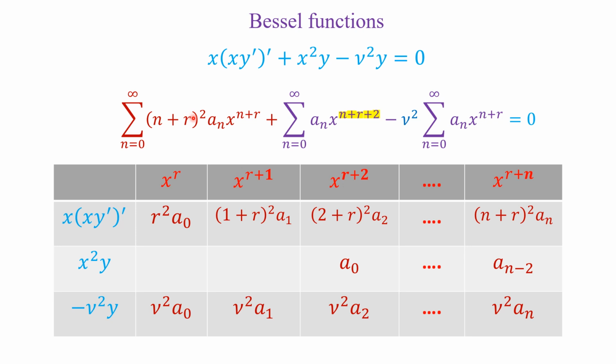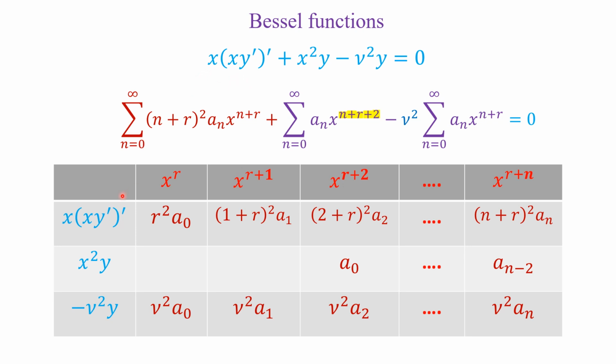Here each coefficient of x must be equal to 0. Though we have written it in summation, in order to satisfy this equation, each and every component of the same power of x must be 0.